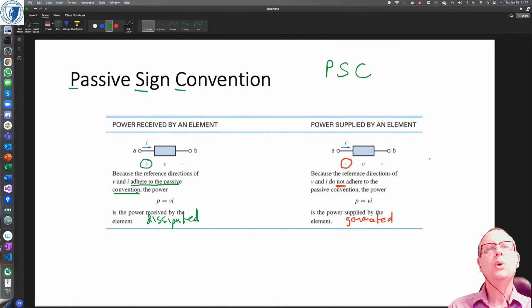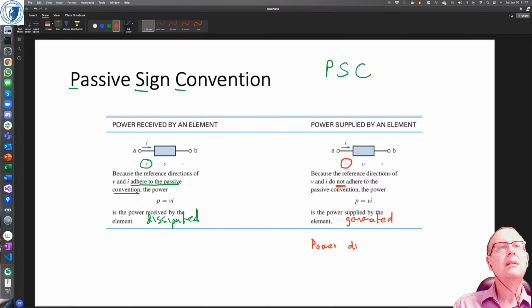And on this side of things, the power dissipated by this is equal to the negative of VI.